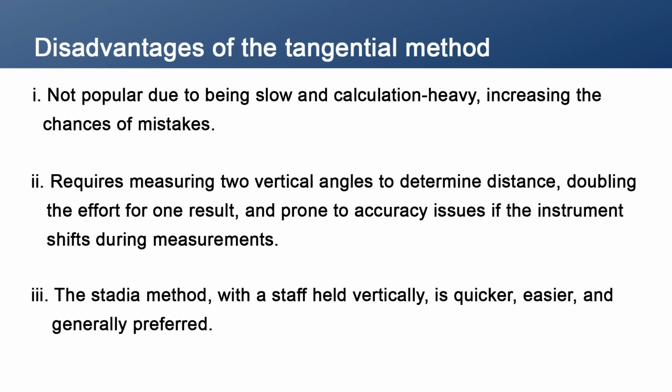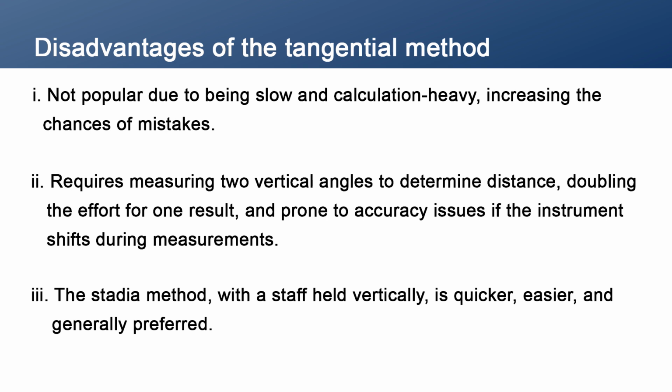The one thing that I want to say here is the tangential method in tachymetry isn't very popular because it is slow and requires lots of calculation, making it prone to more mistakes. You have to measure two vertical angles to determine the distance, which means double the effort for one result.